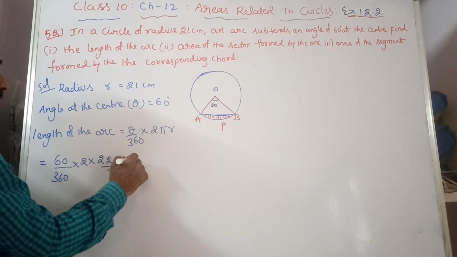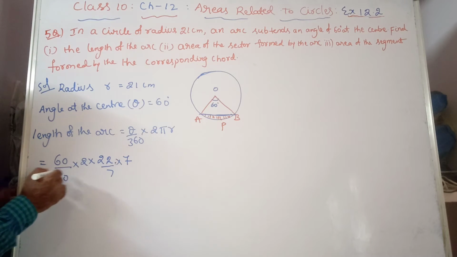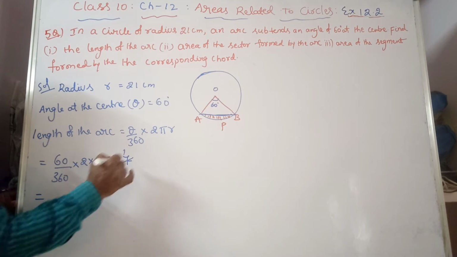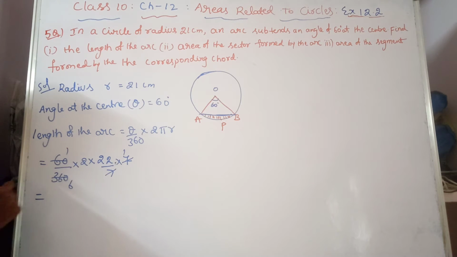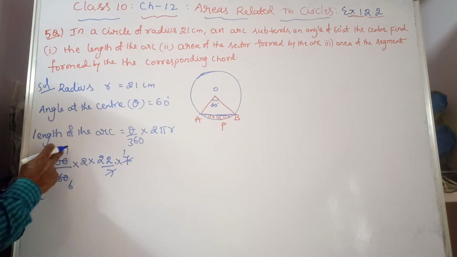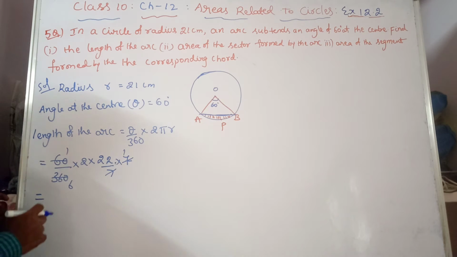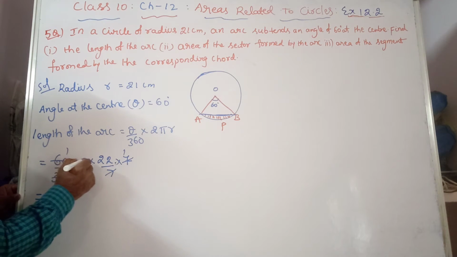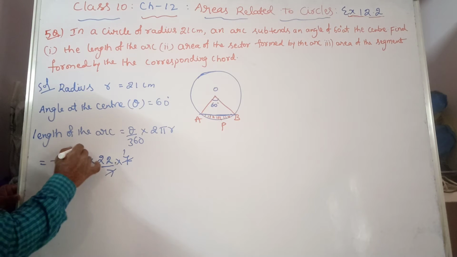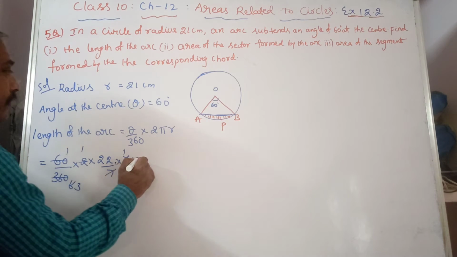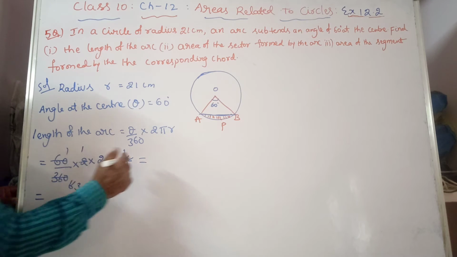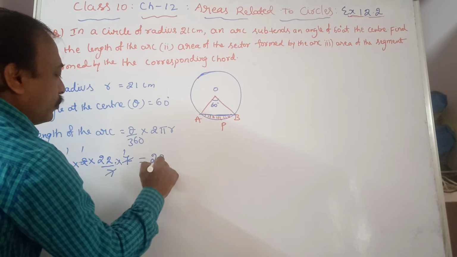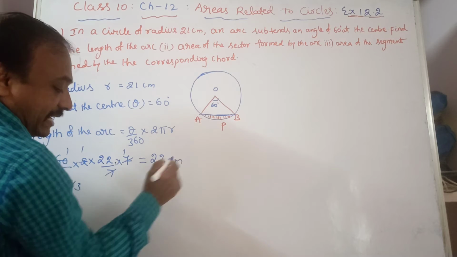Radius is 7. So 7 ones are 7 cancel. Then 60 ones are 60, 6 are 360. 2 ones are 2, 3 are, which is equal to 22 by 3 centimeters.